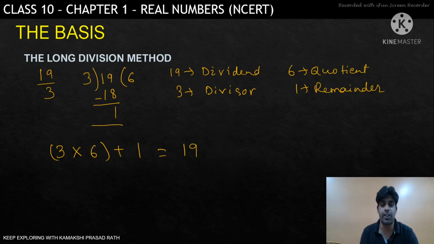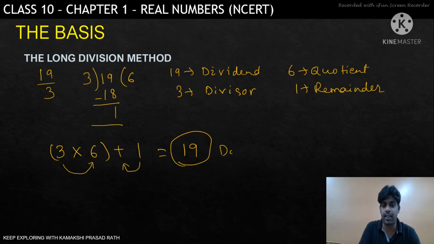So that was our check. If we get the dividend back, then our division is correct. If it doesn't come, then there is some mistake in the division.